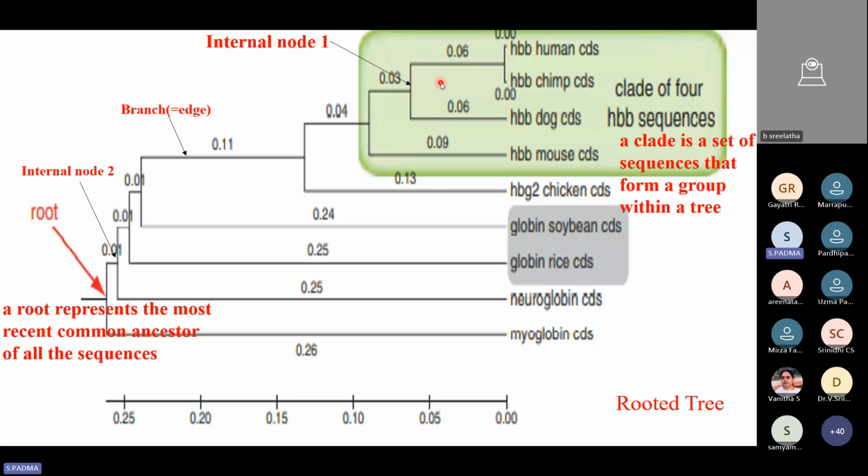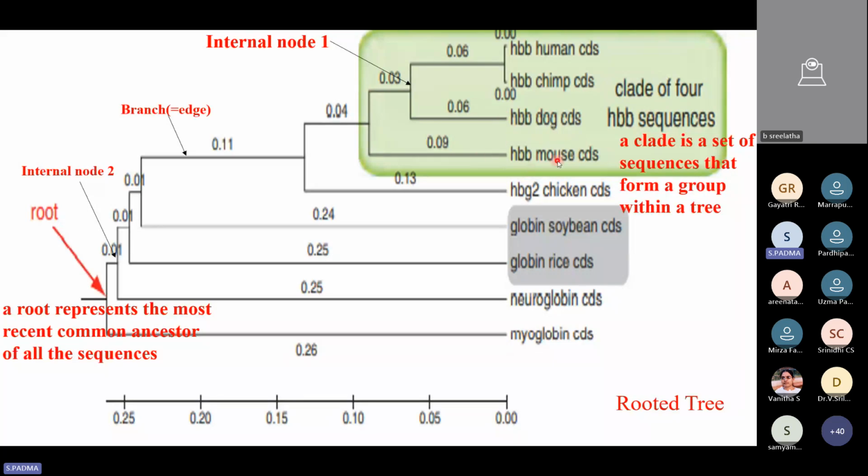Whatever these numbers are, we will come back to that. This is 0.06 and this is 0.06, which means that there is a similar type of sequence between the mammal dog as well as humans and the chimp. Human and chimp share more sequence similarity compared to this; this clade is separated from the dog, and this in turn is different from mouse.